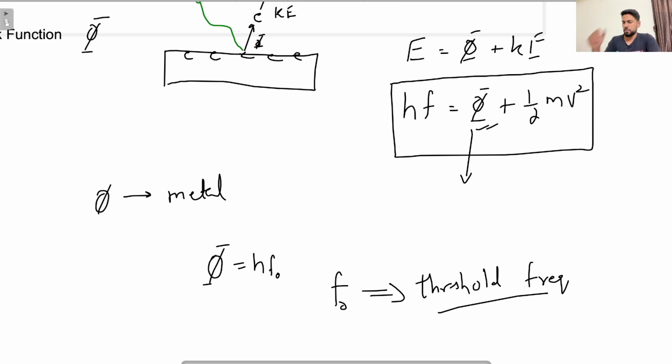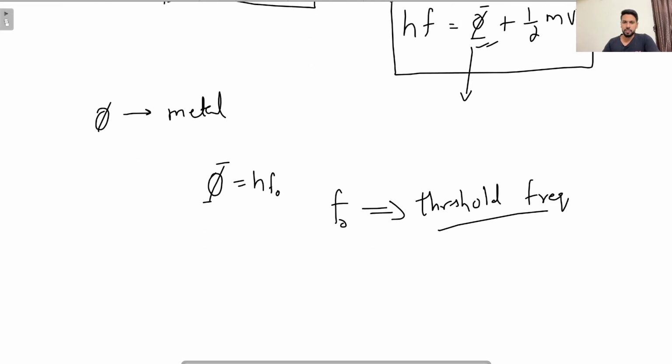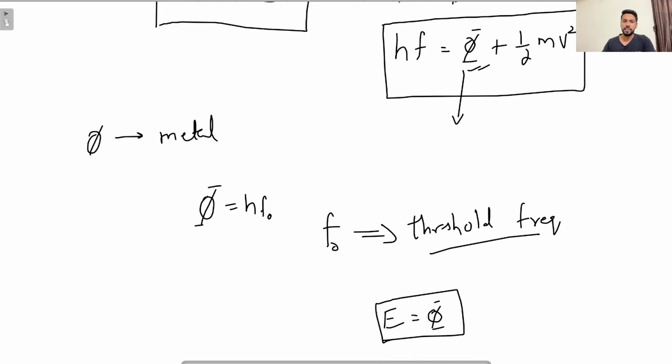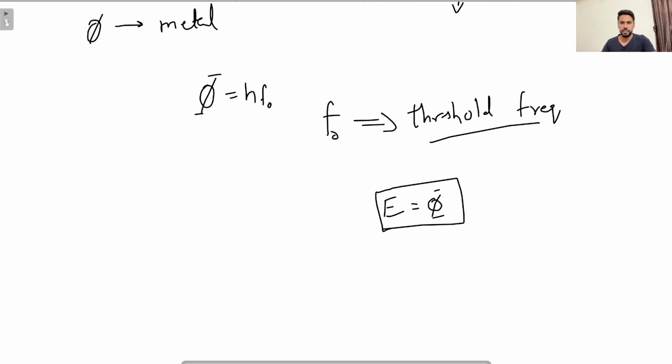Now one more question you might have: what if my energy is equal to the work function? What is going to happen? It's a very interesting case. If the energy is equal to the work function, the electron is going to come out, but it does not have kinetic energy. Since it does not have kinetic energy, it is going to be captured back to the metal. Understood? When E is equal to phi, your kinetic energy is equal to 0. Kinetic energy 0 means velocity is 0.